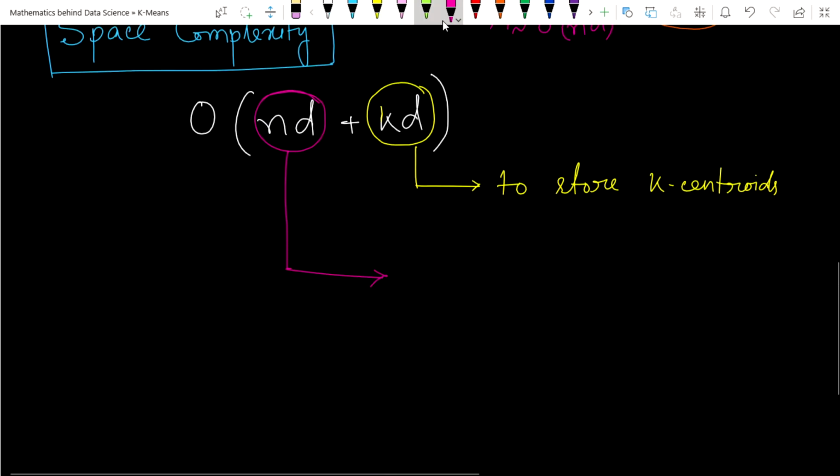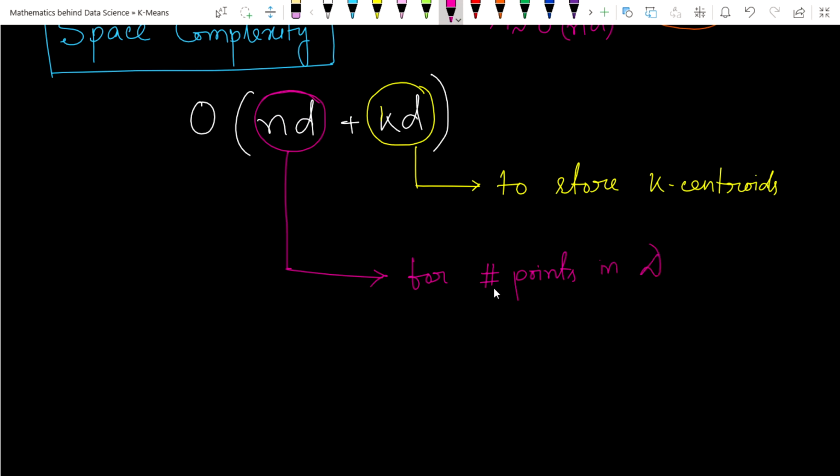So for the space complexity, what is order of nd responsible for? It is responsible for the n data points in the data set.